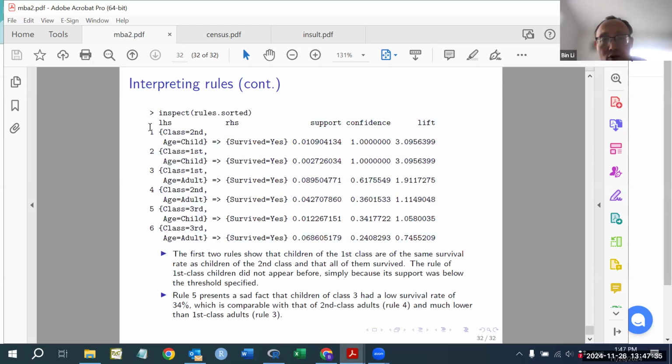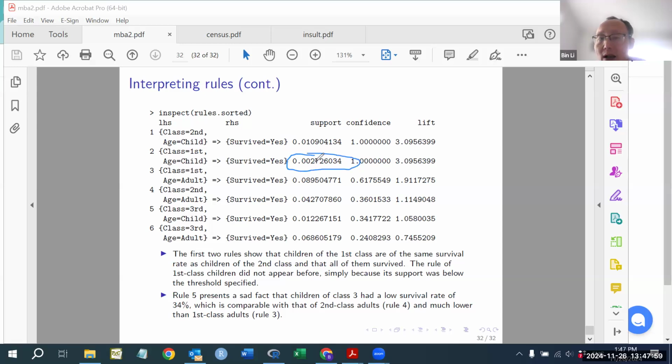So from these 6 rules, you can see the first one is still about the second class children, who all survived. But look at the next one, first class children all survived because the confidence is 1, right? So why didn't it appear? The reason the first class children didn't appear is because the support is very low.